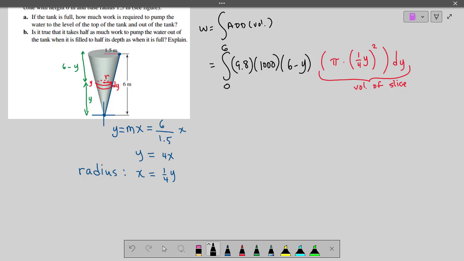So we have a bunch of constants in here that all jump to the front like normal. So the 9800. And then it looks like we're going to have a pi out in front. And it looks like we're going to have a 16 in the denominator. So the only stuff not coming to the front will be the 6 minus y multiplied by y squared. So y squared times 6, y squared times minus y.